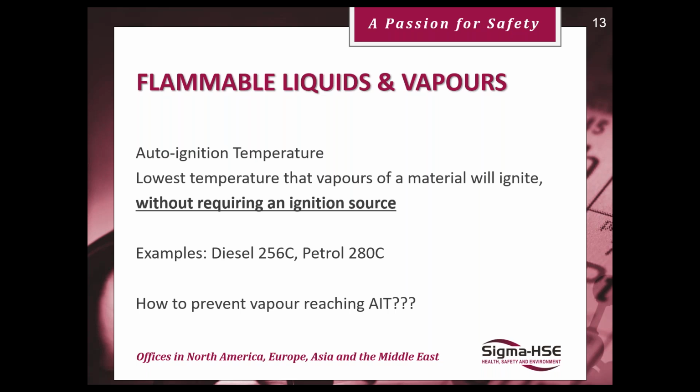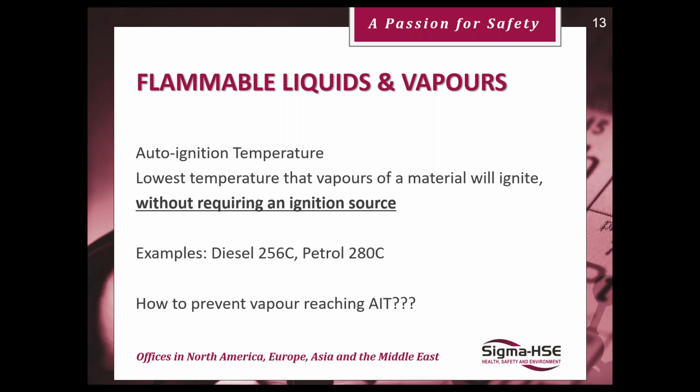It's important to realise also, and I should have mentioned this when I was talking about the flash point, that the flash point is quoted in degrees C, it's a temperature reading, but it's equivalent to the lower explosive limit, which is the percentage concentration of vapours in air. You'll sometimes see it stated as the lower flammable limit.